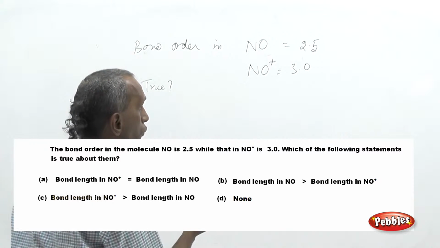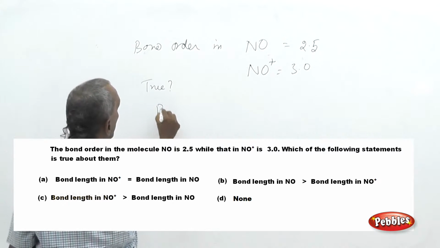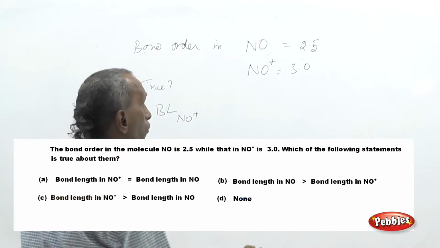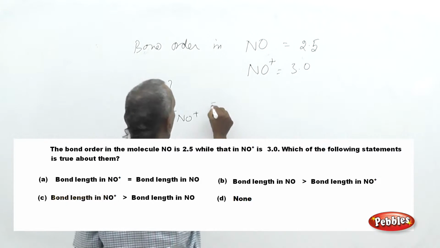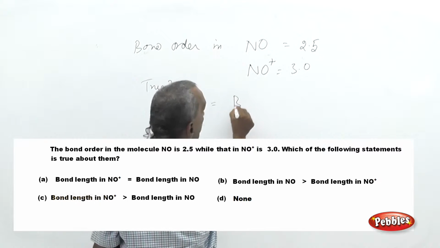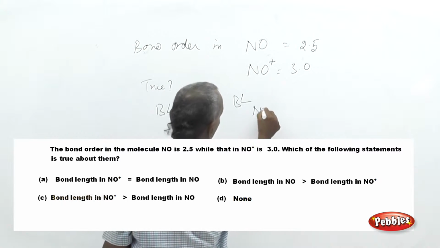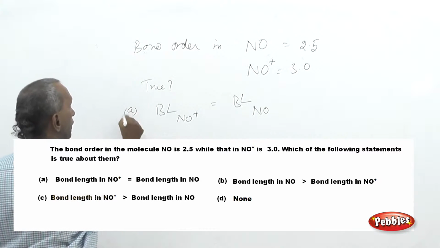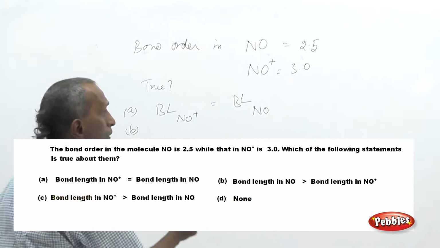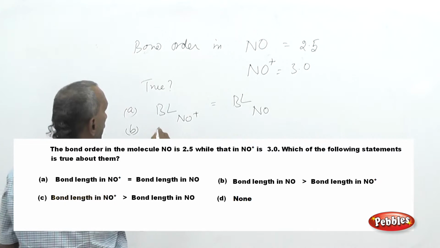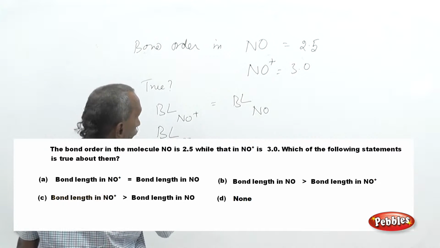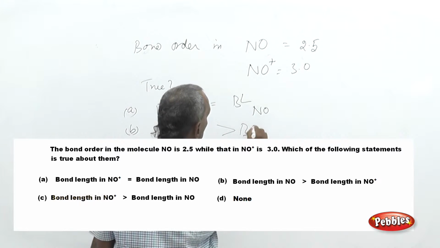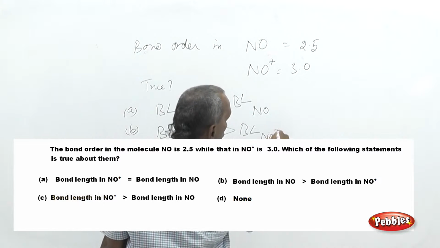The first choice reads as: bond length of NO plus is equal to bond length of nitric oxide, neutral species. Second choice reads as: bond length of nitric oxide is greater than that of nitrosyl cation.